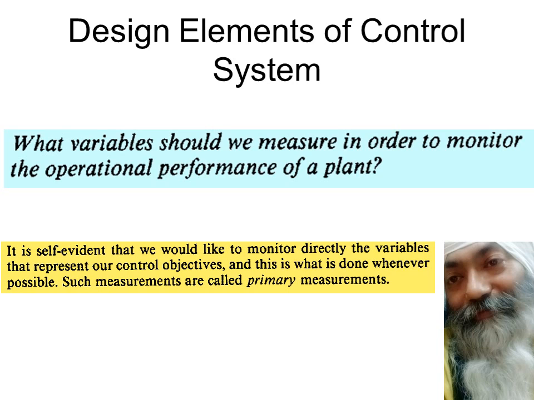Wherever we cannot get anything from the primary measurement, we infer it from the secondary measurements, and we will talk of these secondary measurements a bit later. For example, we again have the CSTR. You want to know the temperature, the height, the inflow, the outflow. These are the primary measurements which we will go in for, to know the operational performance of a plant. So we should go in for getting those primary measurements done.